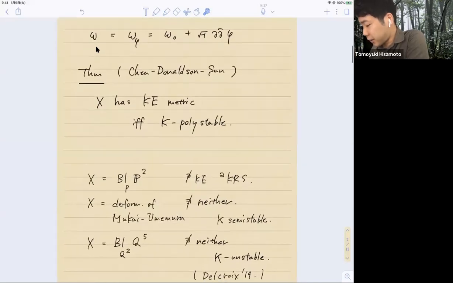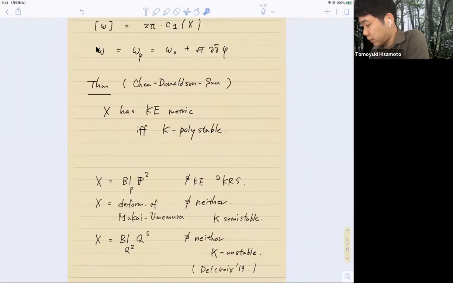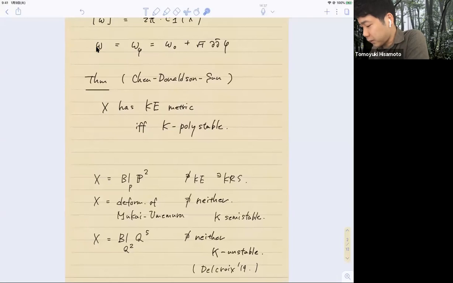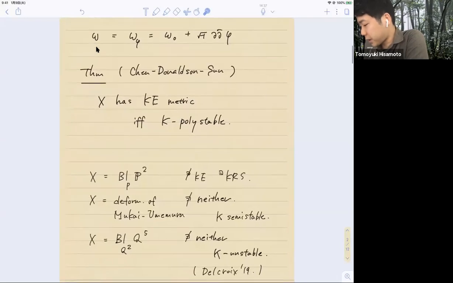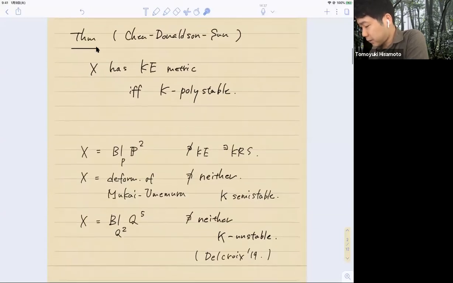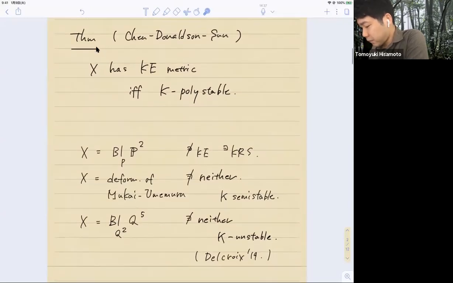But in higher dimension, there are a lot of other examples, like deformations of the Mukai-Umemura threefold, which do not have any such standard Kähler metric. This is an example of a K-semistable variety.